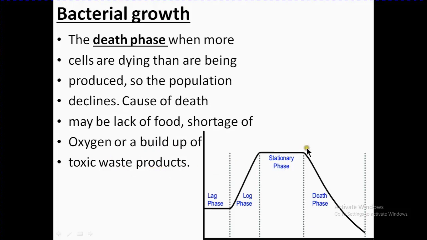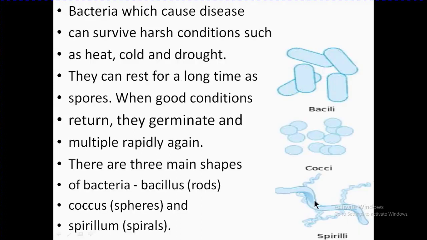After the stationary phase there might be no food, so the growth rate is not the same, and the number of bacteria decreases. In this way you can understand bacterial growth with the help of this graph: it started from the lag phase, then log, after that stationary, and the last is the death phase.